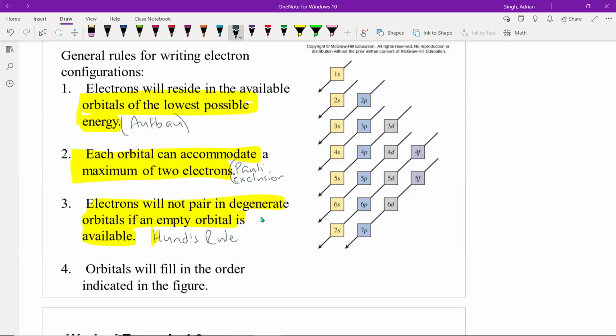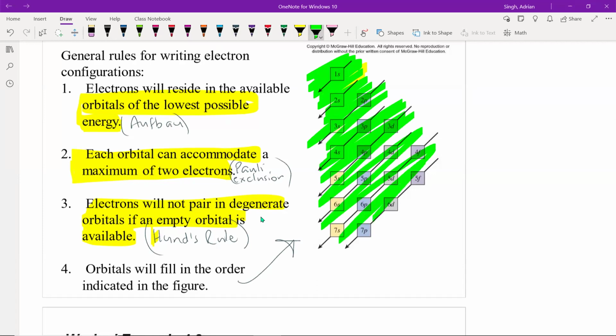Okay, so all of these 3 principles and rules we can put together, and we end up with an order of filling the orbitals that looks something like this up here on the right side. This is sometimes called a Christmas tree diagram of filling the orbitals, and you will notice that it's not intuitive. In other words, we don't fill all of the n equals 4 levels first. We do them in this particular order.